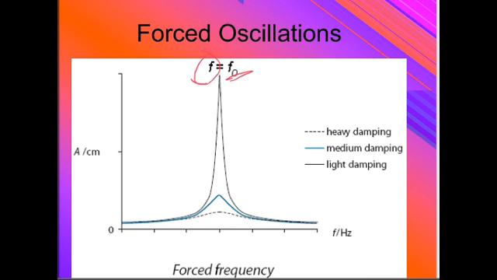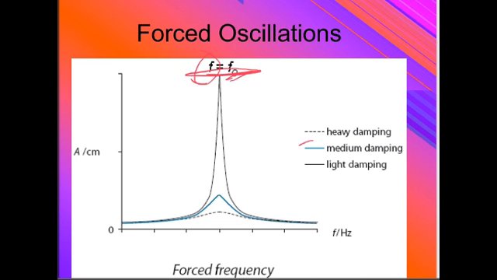And then as the amount of damping changes, the amount of increase in the amplitude is also going to change. And so this steep peak here is very light damping, and so if there's very little friction acting against the driving force, there's going to be a much larger increase in the amplitude.